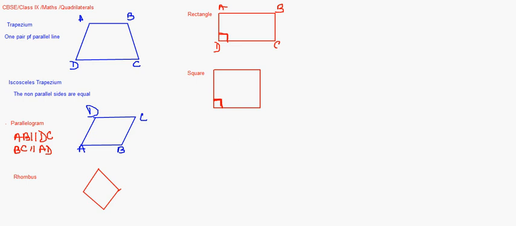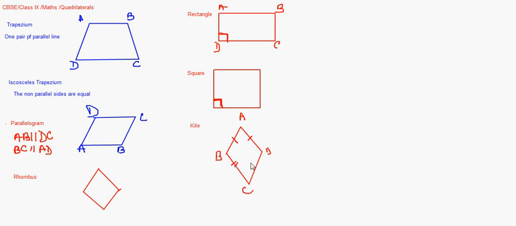Then comes a kite. What is a kite? I draw a figure. This is a quadrilateral. I name it as ABCD. Here it has two pairs of equal adjacent sides. That means these are adjacent sides, AB and AD will be equal.